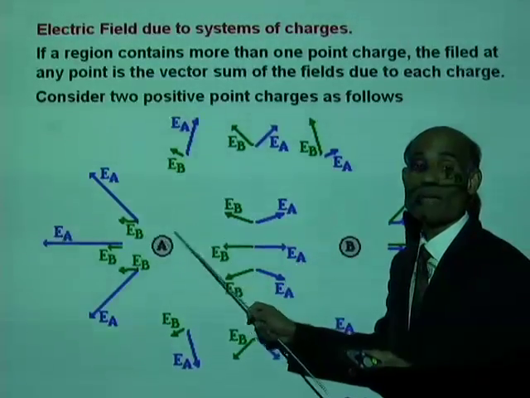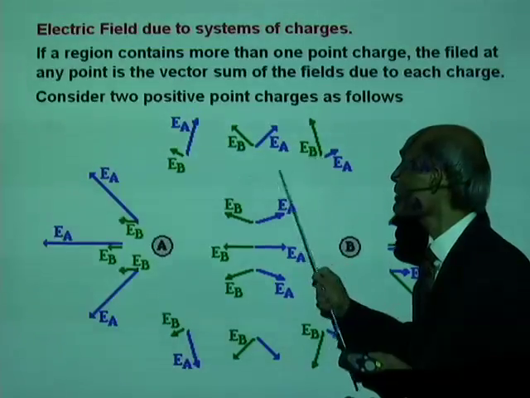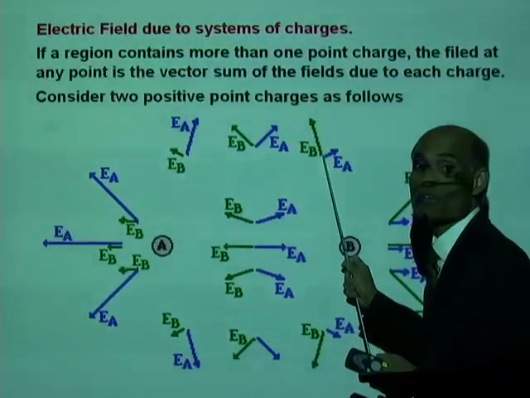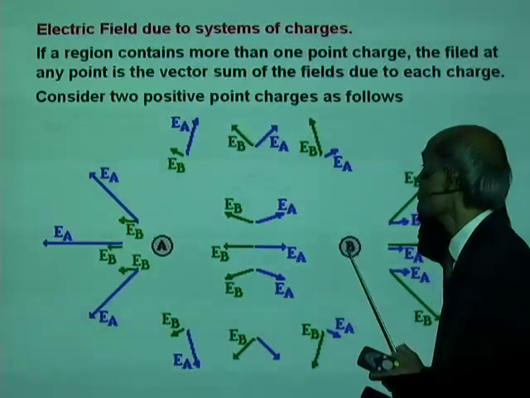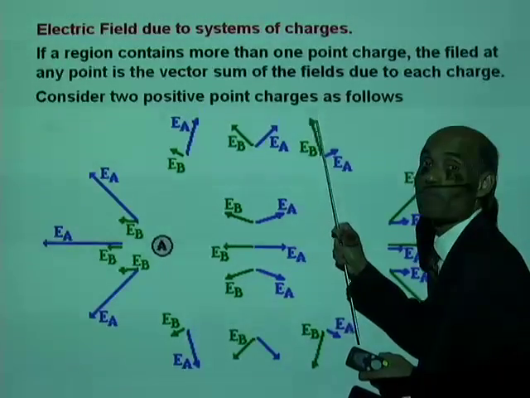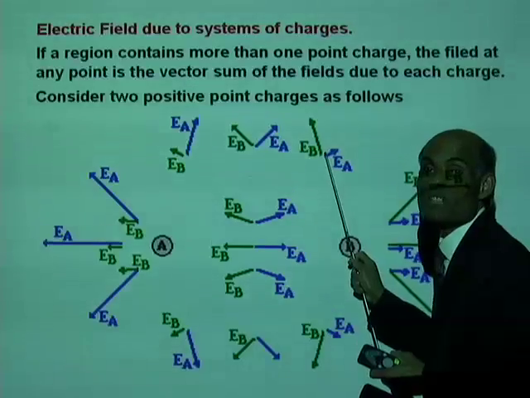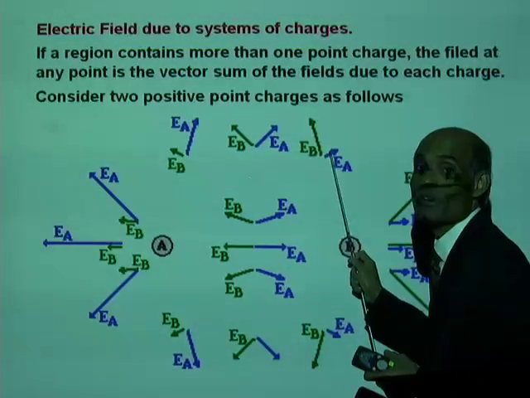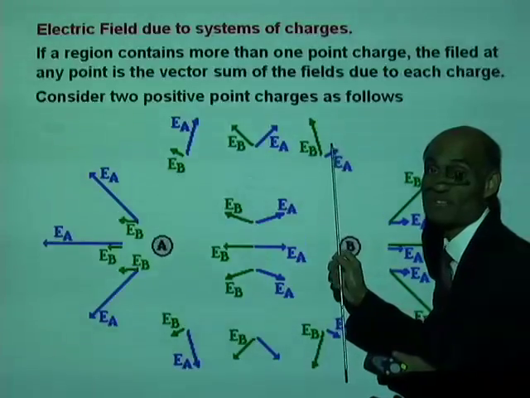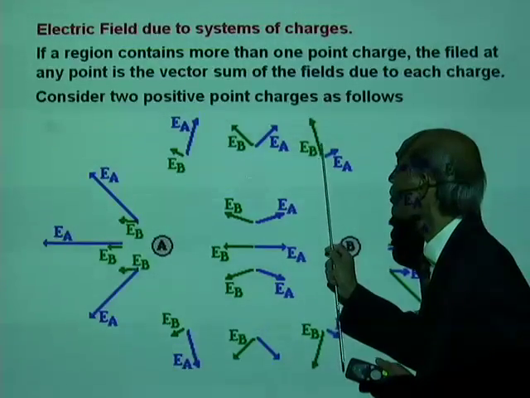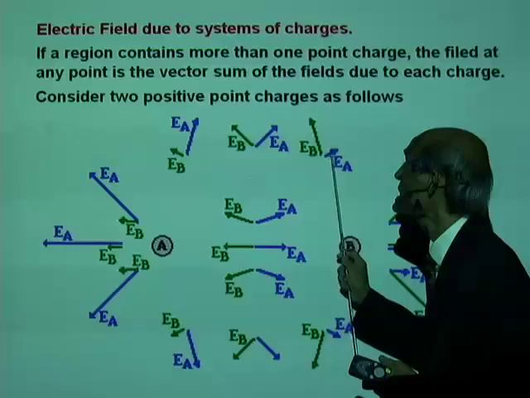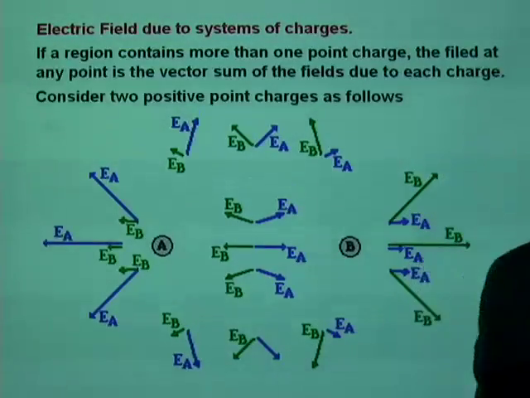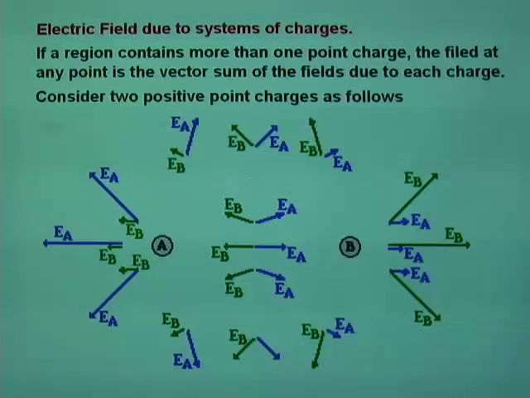A is farther away, so the field at this point due to A will be small, and the strength of the field at this point due to B will be larger, and the net field at this point will be the sum of these two. Now, you know how to add vectors, is that right? You can actually draw a parallelogram with these as the two sides, and the diagonal will then give the resultant.